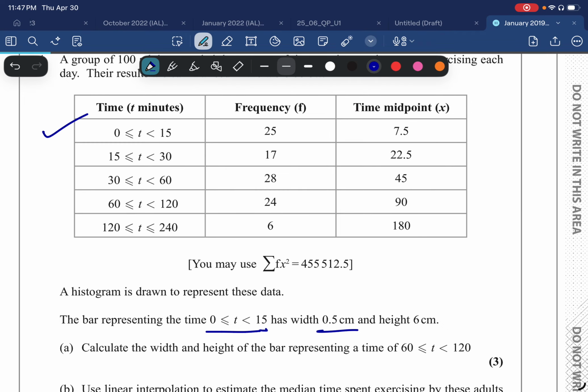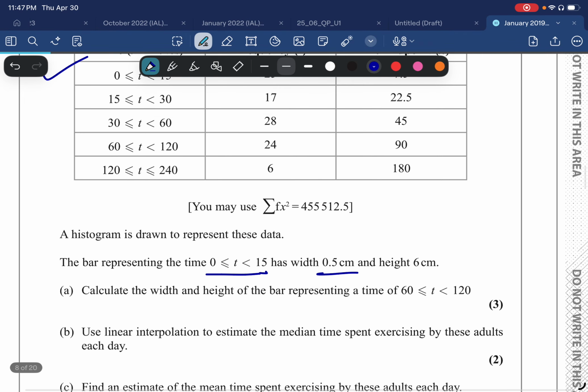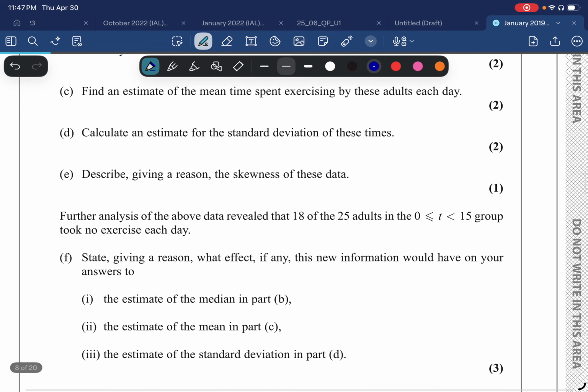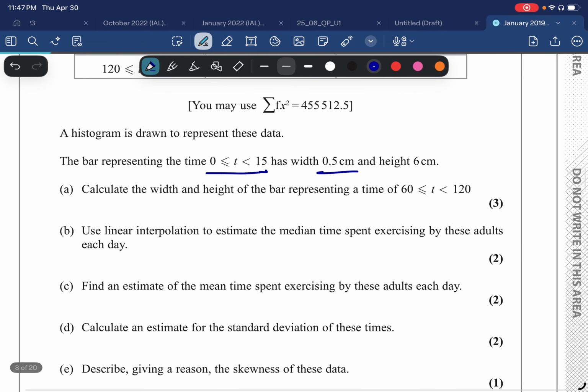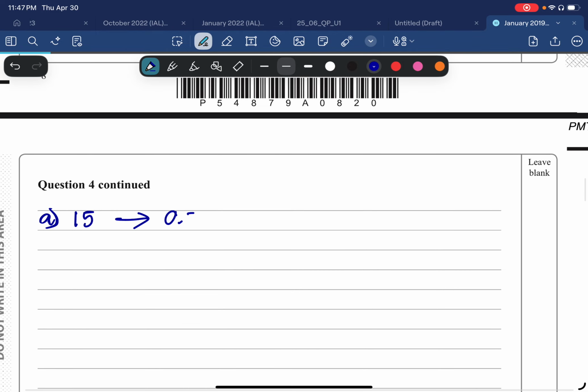What is the difference between the two? 15 minus 0 is 15. So for 15, the width is going to be 0.5 centimeters. So for a class interval difference, it's going to be 0.5 divided by 15.